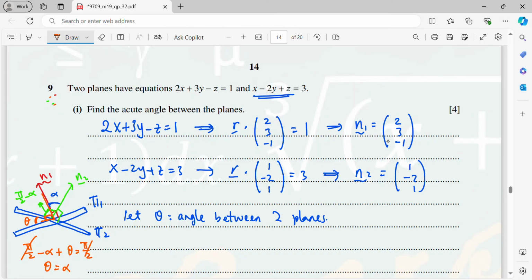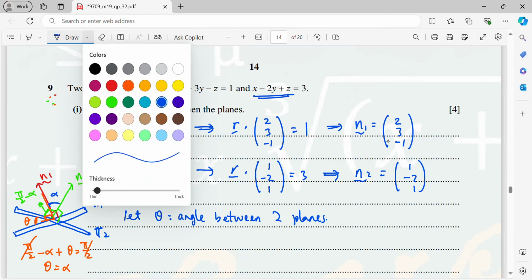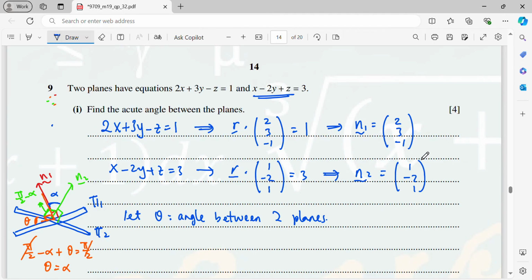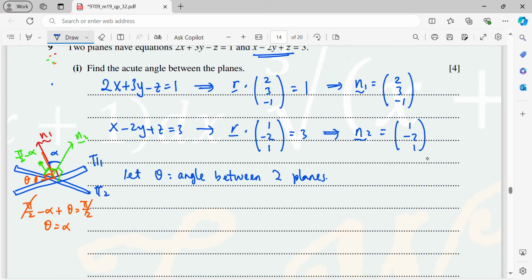Right? That's why I would say that the angle between two normals is the same as the angle between two planes. So from here, I will just directly find theta. The theta is actually the angle between two planes and also the angle between two normals. Right? So use the formula n1 dot n2 equals magnitude n1 magnitude n2 cos theta.